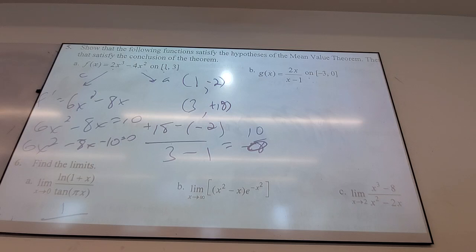Your function has to have some place where the slope of the function is equal to this. It's going to happen at least in one place. The slope has to be equal to this.